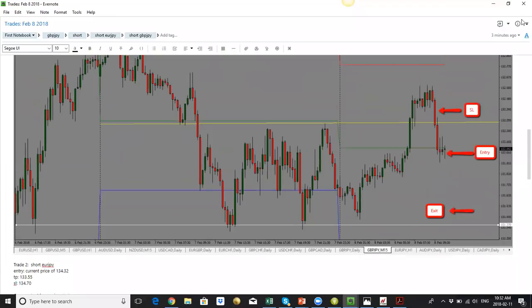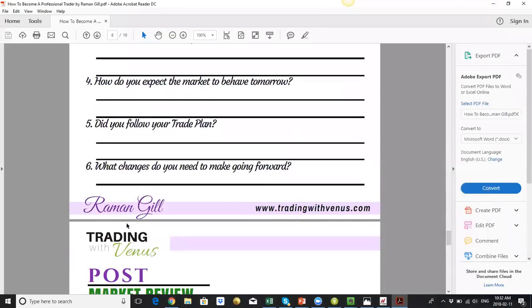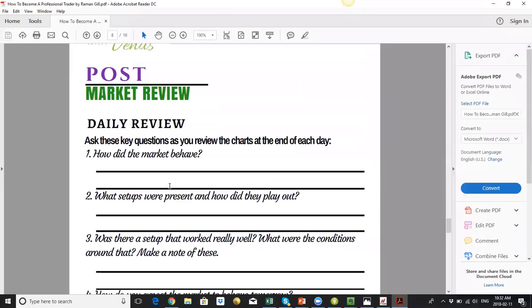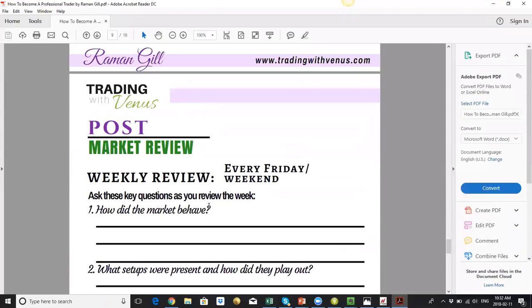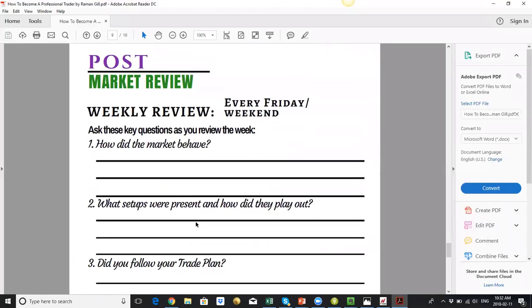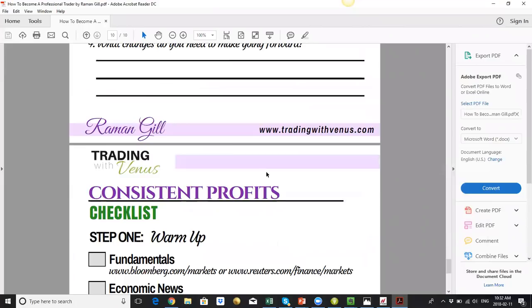So I got 0 marks for daily review as well as weekly review. This is where I need to do a better job of consistently doing the market review. That will be on my improvements list for next week. So completely 0 marks there.